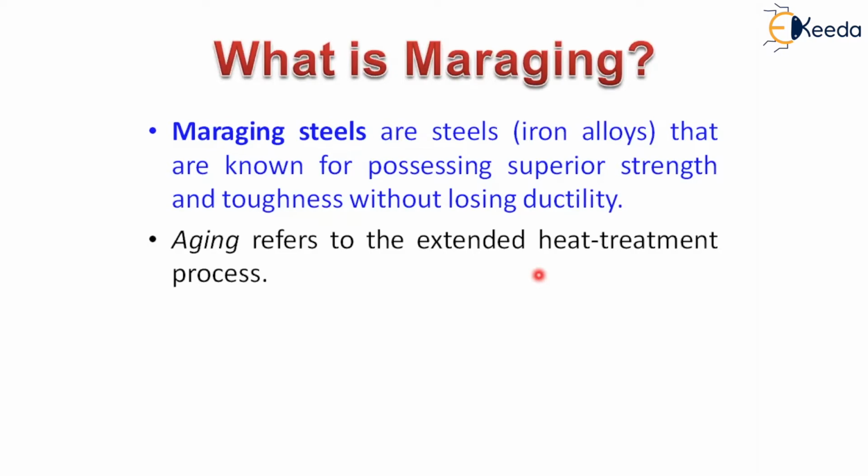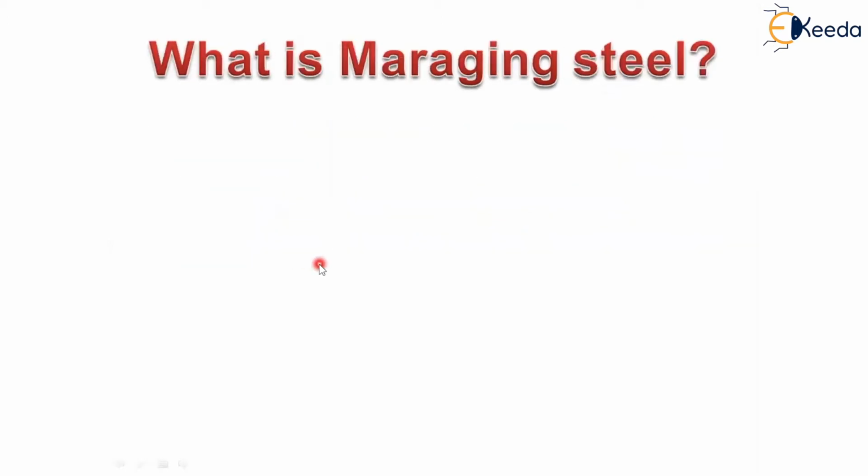We keep the material for a longer period of time, so time plays a vital role in giving the property that we require. We are not going to lose the ductile property of the material, and that can be done with the help of this aging process. That is the main process that we follow in maraging steel.